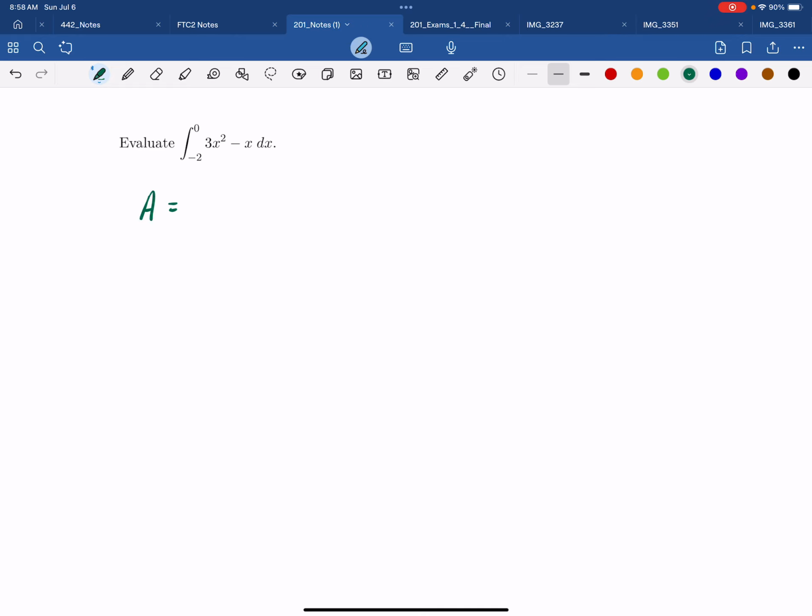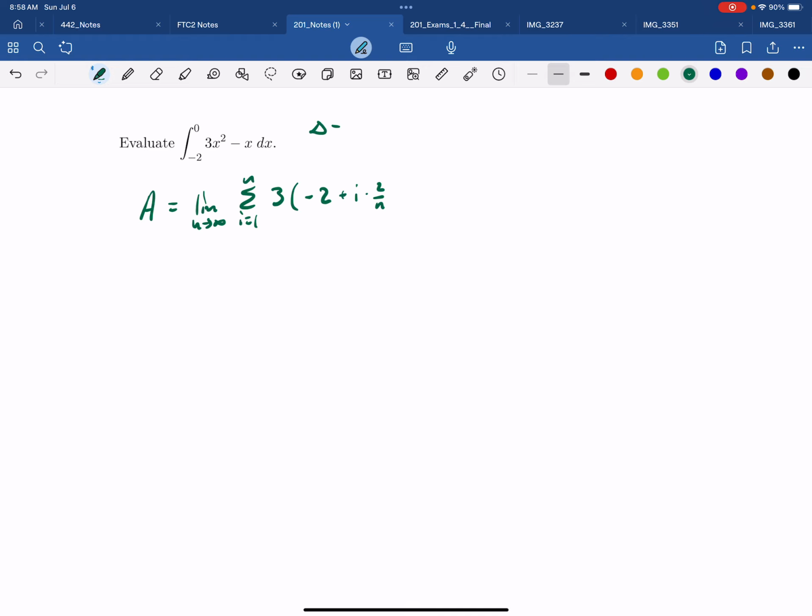The area is going to equal the limit as n approaches infinity of the sum from 1 to n of 3 times, so that's going to be, what is that? A plus i delta x. Now note that delta x is going to be 2 over n, right?